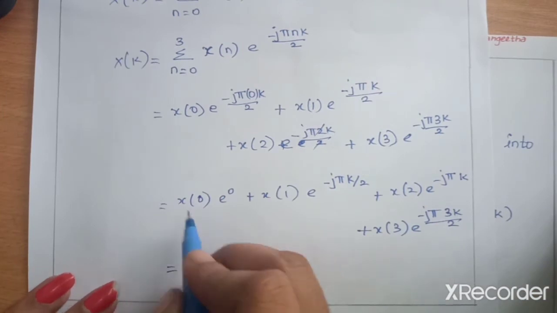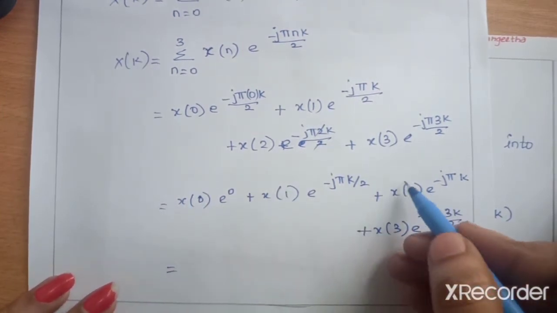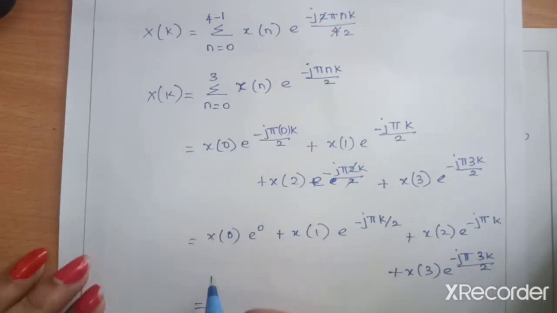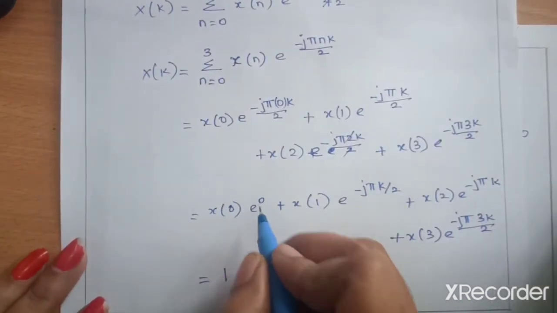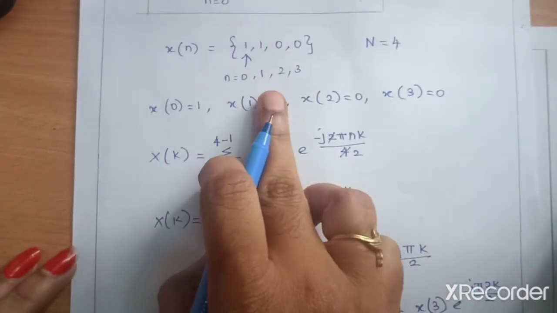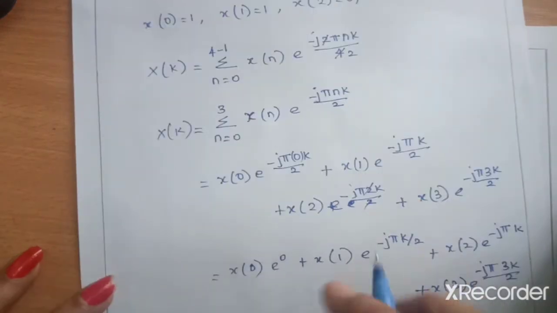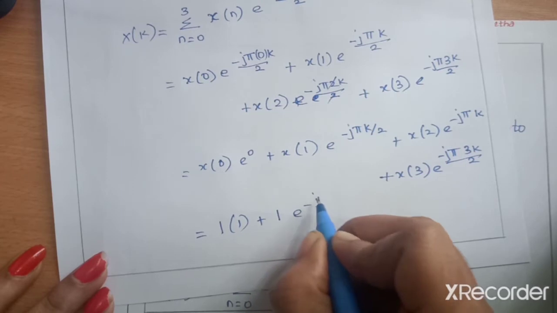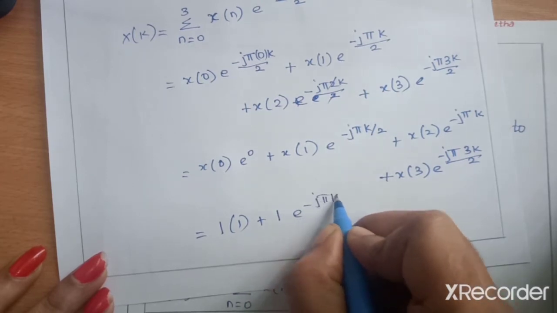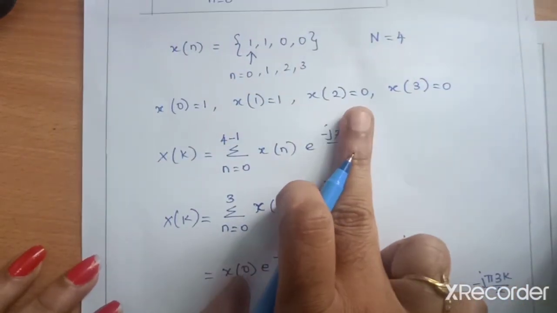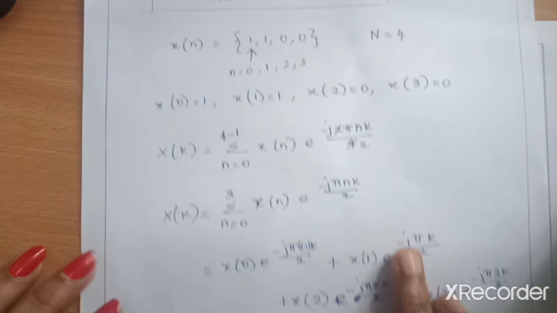So next you have to substitute the values of x of 0, x of 1, x of 2 and x of 3. So here x of 0 is equal to 1. So e power 0 is also 1, plus x of 1. The x of 1 value is 1, so 1 into e power minus j pi k by 2, plus x of 2 value is 0 and x of 3 value is 0.